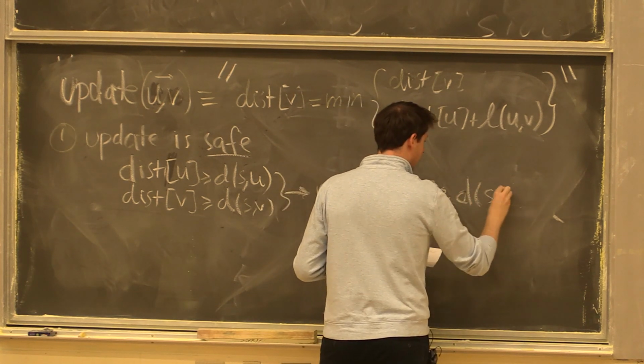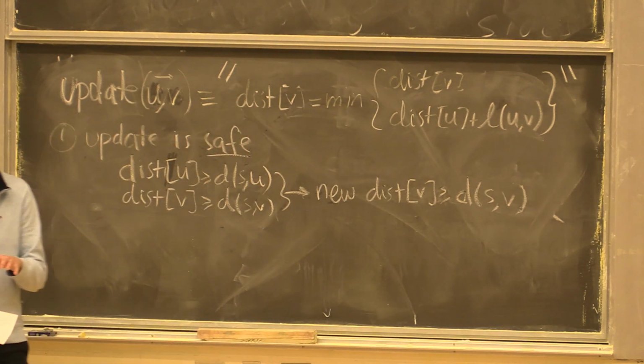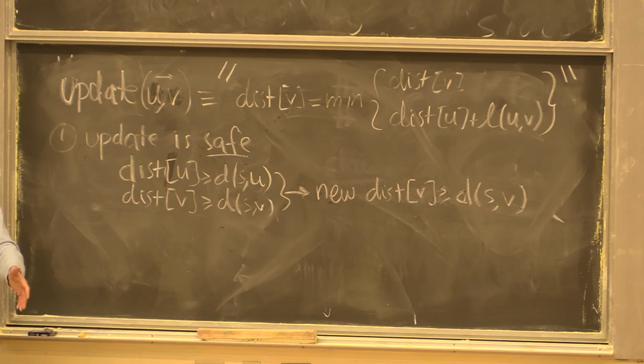Okay? This is relevant because at the very start, I start with estimates, and all of them are above the correct answer. Because one of them is correct, 0 is greater than or equal to 0, and for all the others, infinity is greater than or equal to whatever the answer is. Okay? So this is why update is safe. So you can just go and update vertices.